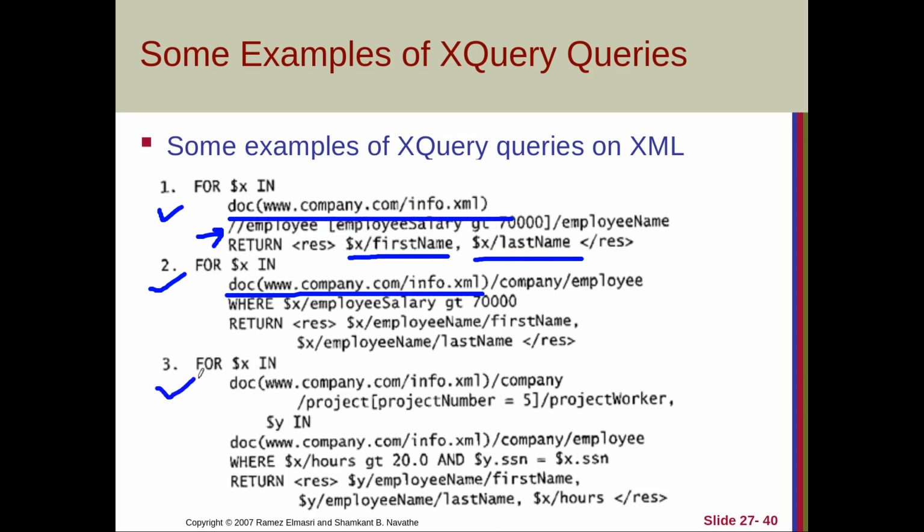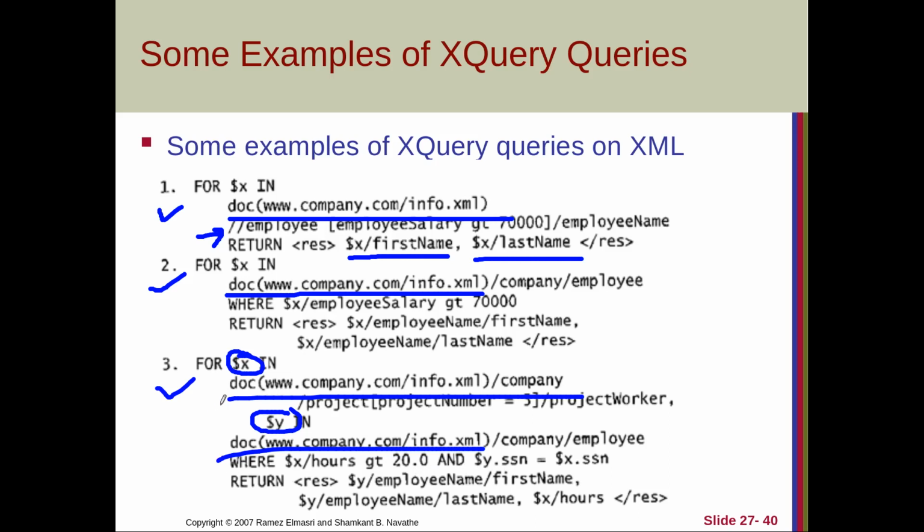Then one more example, the third: for $h in doc the URL /company/project number equal to 3/project worker, comma $y in. Here we have two bound variables, just like a nested concept. Another URL, the same URL /company/employee where $h/hours greater than 20 and $y.ssn is equal to $h.ssn.